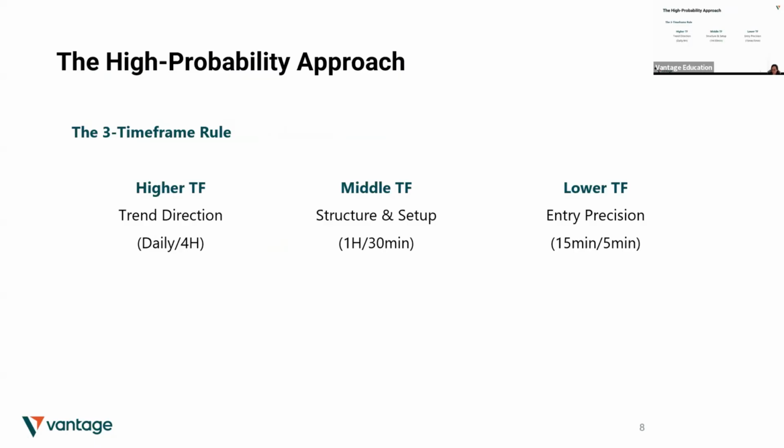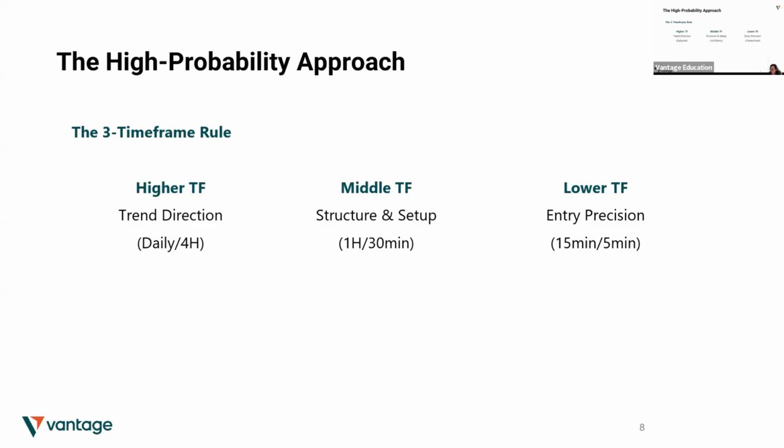There are three time frame rules that you need to take note of. The higher time frame for direction: you can go to the daily time frame or H4. The middle time frame for structure and setup: H1 and M30.